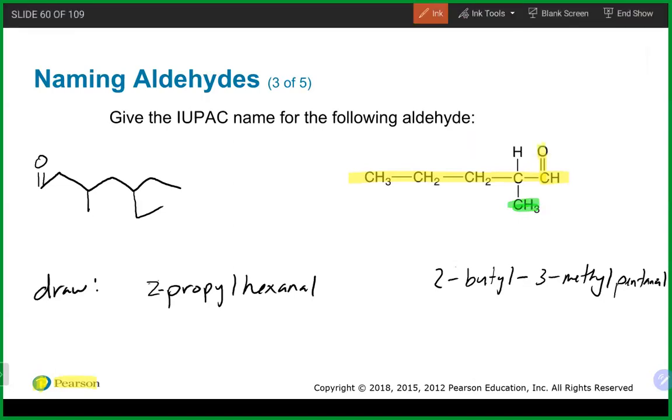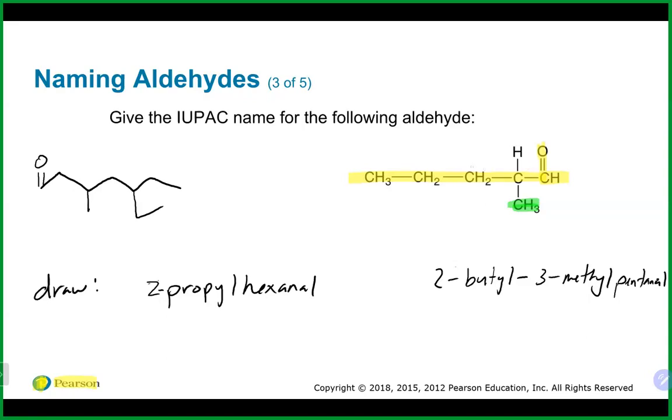So starting with the base of our name here, 1, 2, 3, 4, 5, that is based off of pentane. So that's going to be pentanal, al, at the end of it. This will definitely be carbon number 1, which means at carbon number 2 is our methyl group. So that should be a 2-methyl pentanal. Any questions on that one?